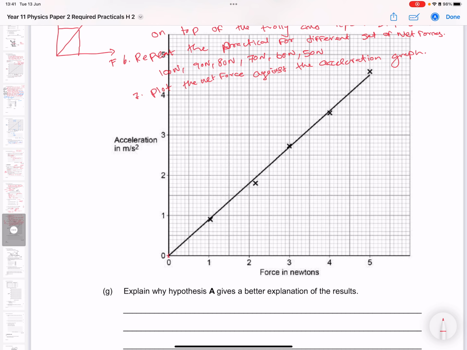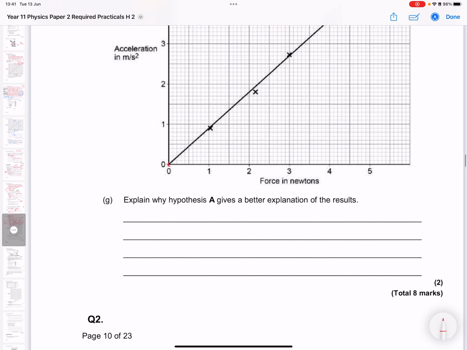It goes through 0, 0. So A is a better explanation because the best fit line is a straight line that goes through the origin.